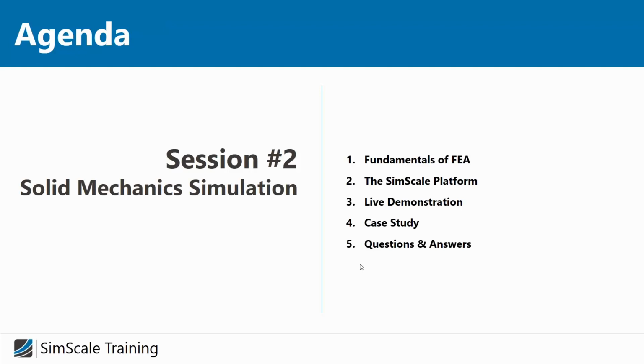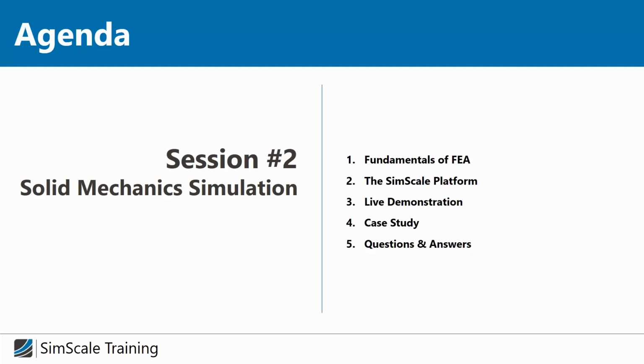Let's now take a look at our today's agenda. As you know, this workshop series is a joint initiative between SimScale and McNeel Europe. Our aim is to show Rhino users how they can use engineering simulation to create and deliver better products in a short time. This webinar is made of three sections.